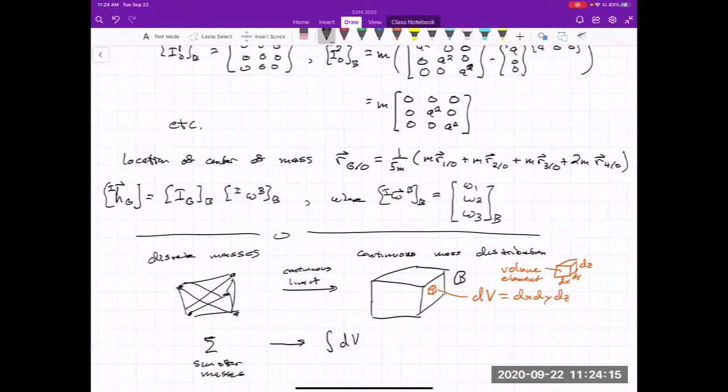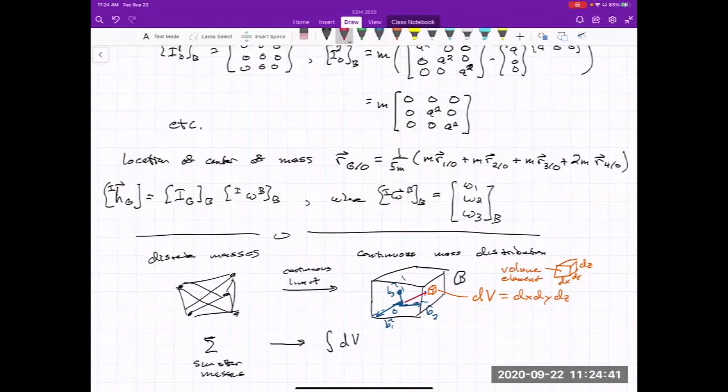So one important thing would be, let us set up an origin for some body fixed frame. And maybe it's an origin that's just easy for doing computations. So there's our origin. And we would write the location of each volume element.